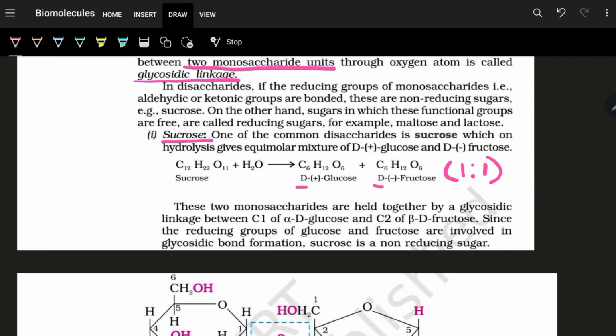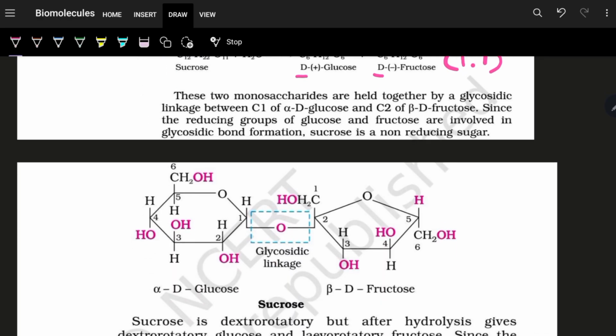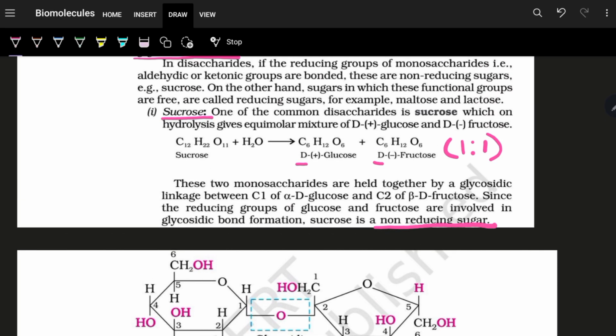Now we can see that sucrose, what is the nature? It is a non-reducing sugar. What is the meaning of this term non-reducing? It means sucrose is unable to reduce Tollens and Fehling solution. What is the reason behind it?